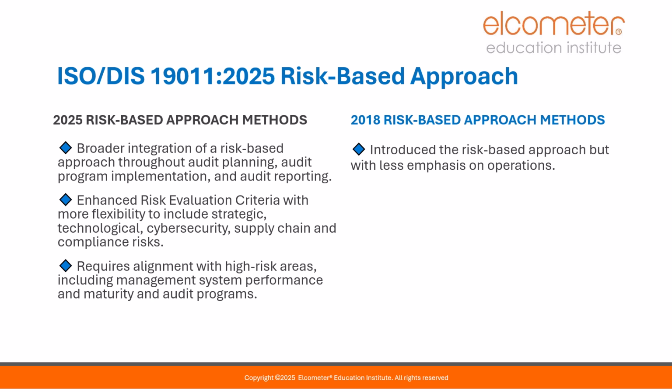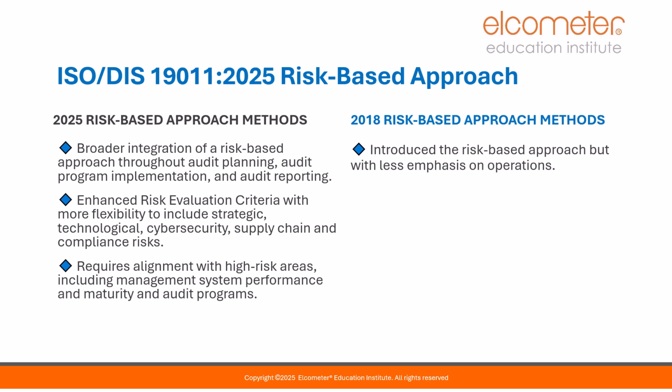The ISO 2025 draft expects auditors to be able to cross-link risks to the context of the organization, addressing internal and external issues affecting the organization, interested party expectations, and any changes in statutory or regulatory environments.